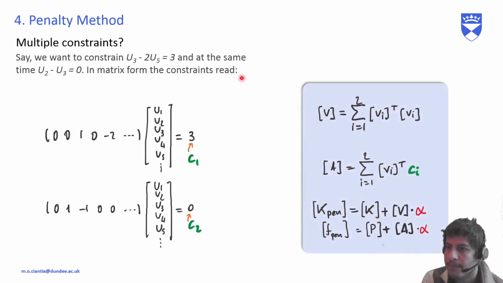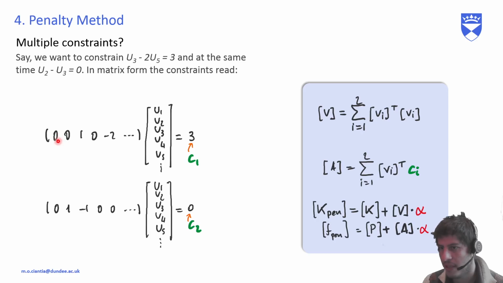So what about if we have multiple constraints? Let's say we want to constrain U3 minus 2U5 is equal to 3. Okay, so we have a system and we're constraining it in this way. And at the same time, we say that U2 is equal to U3, so U2 minus U3 is 0. So in matrix form, these constraints can read in the following way.